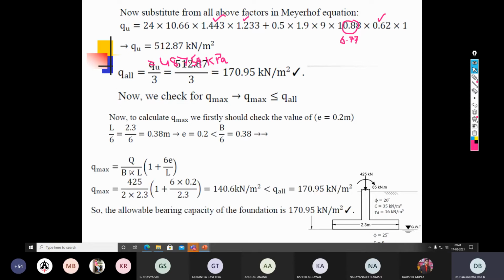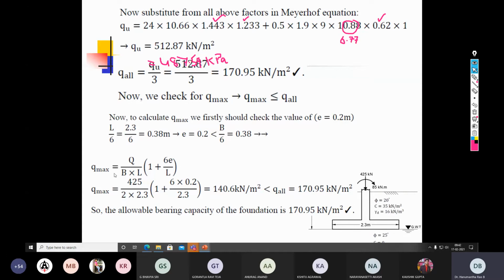So therefore, use these equations, that is Q by BL into 1 plus or minus 6E by L. The derivation of this one you have already seen when we were discussing the footing subjected to eccentric load.